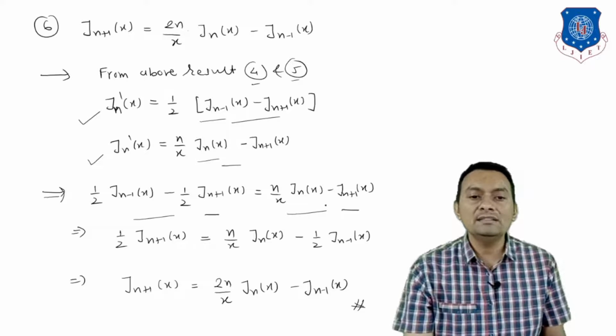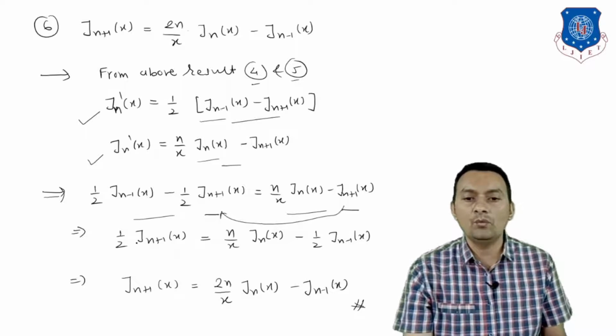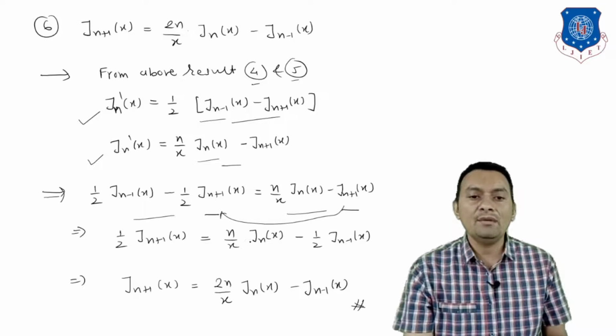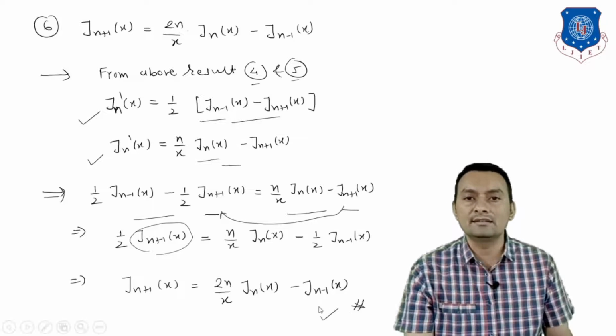Now just take this one on the left hand side. So we will have 1 by 2 times J n plus 1 x is equal to n by x times Jn x, and just take this one on the right hand side, so minus 1 by 2 J n minus 1 x. Now J n plus 1 x can be written as 2n divided by x times Jn x minus J n minus 1 x, and that is exactly our required result.